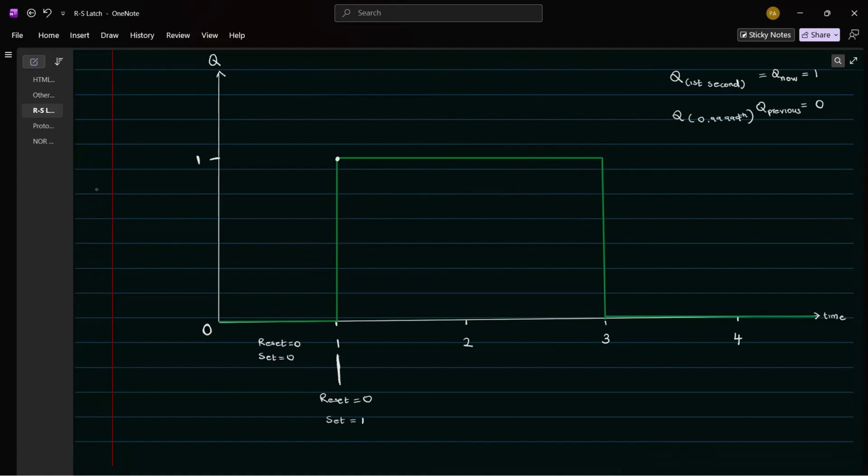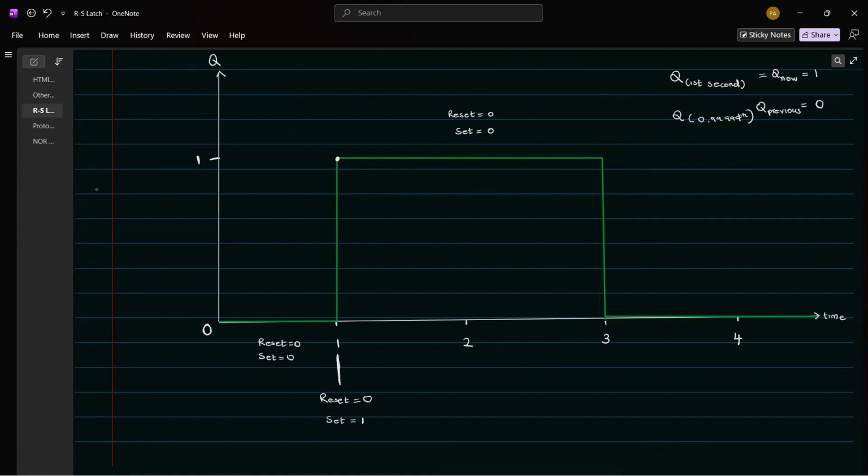Similarly, from the first second to the third second, there were no other inputs given. Reset was 0 and set was 0. Nobody changed anything. The input did not change.